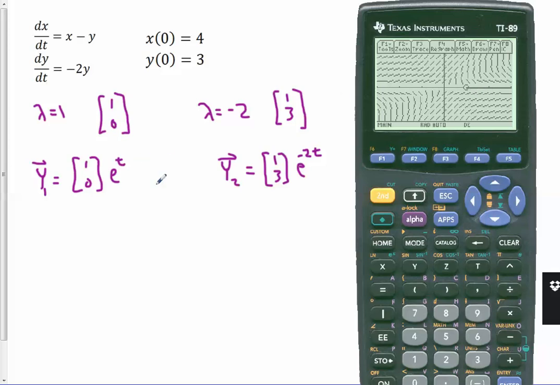It's moving exponentially at a rate of e to the 1t. So the multiple of 1, 0 is a function of t, moving out along that line. Or if I start at 1, 3, it starts right up there at the very top and goes in, moving at e to the -2t. That negative exponential is going to make these get smaller and smaller and both go to 0, so that's why it's going inward. But those are the two straight line solutions.